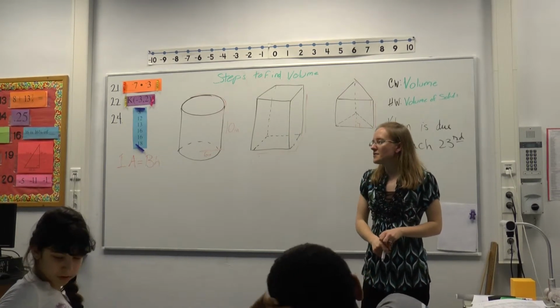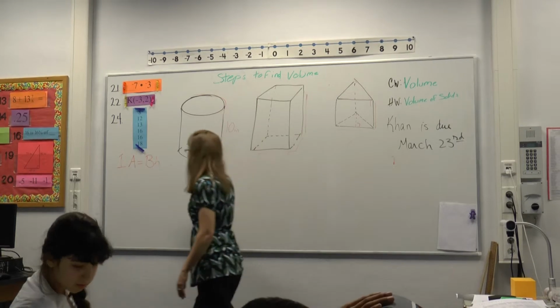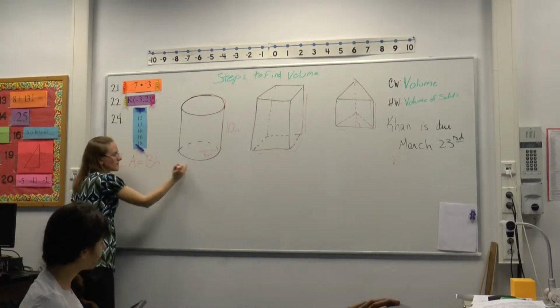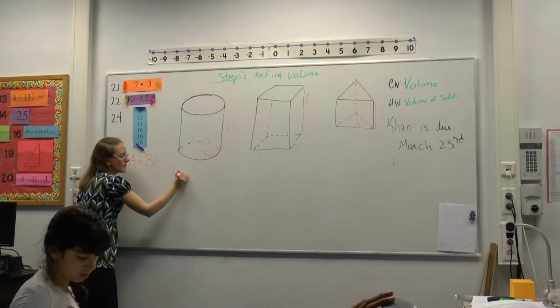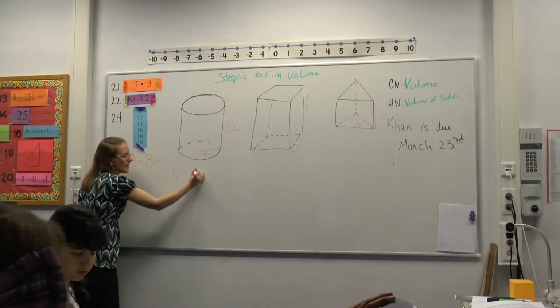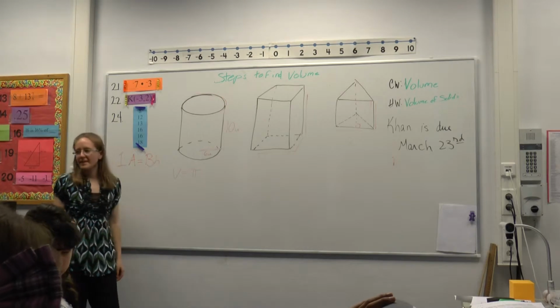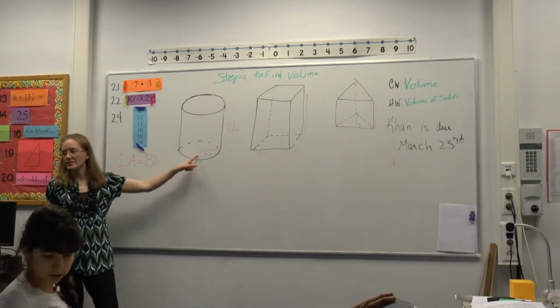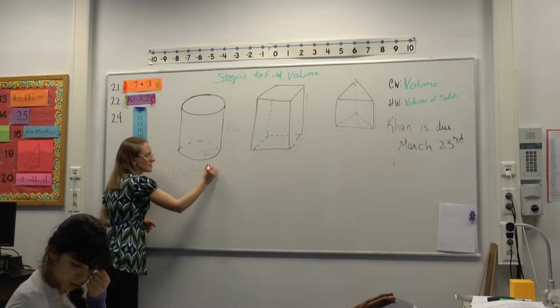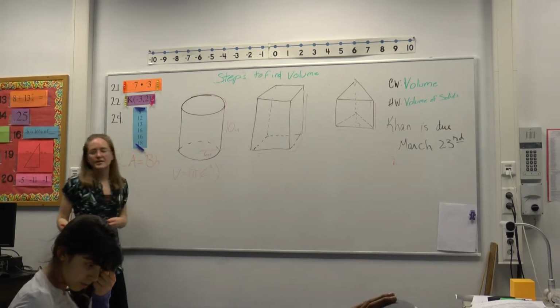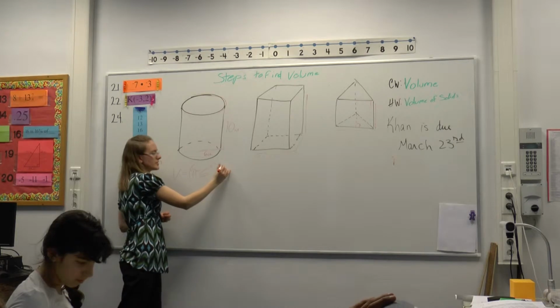What would you have to do first? First you need to find the area of the base as a circle. So it's pi r squared. What's r? In this case, it's 6 squared, and then times the height, which is 10.